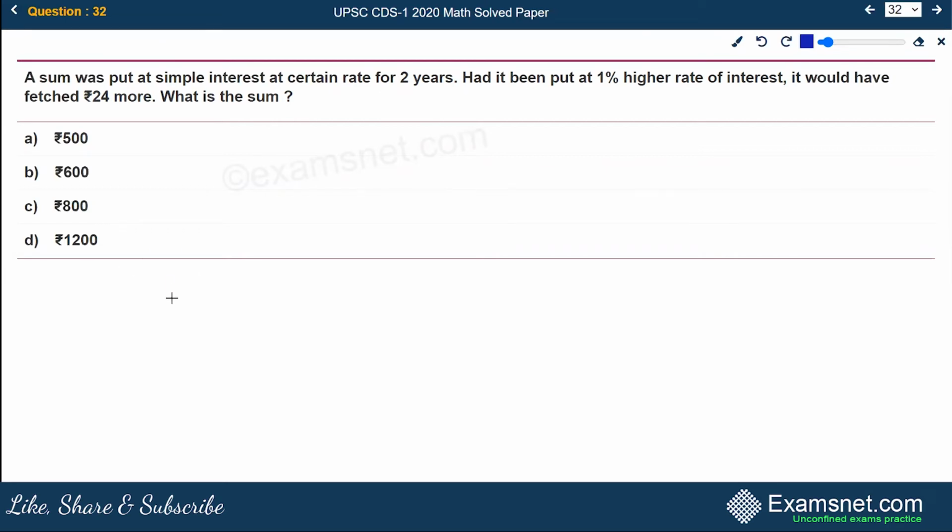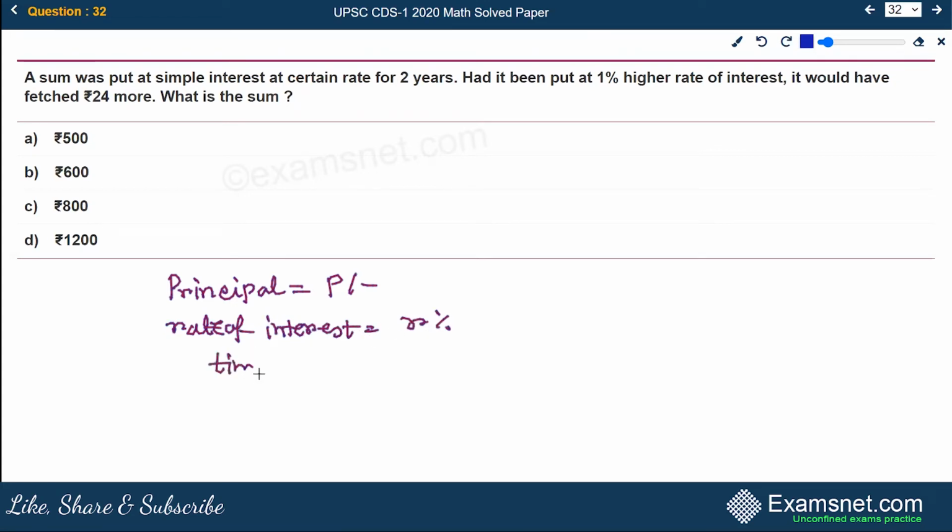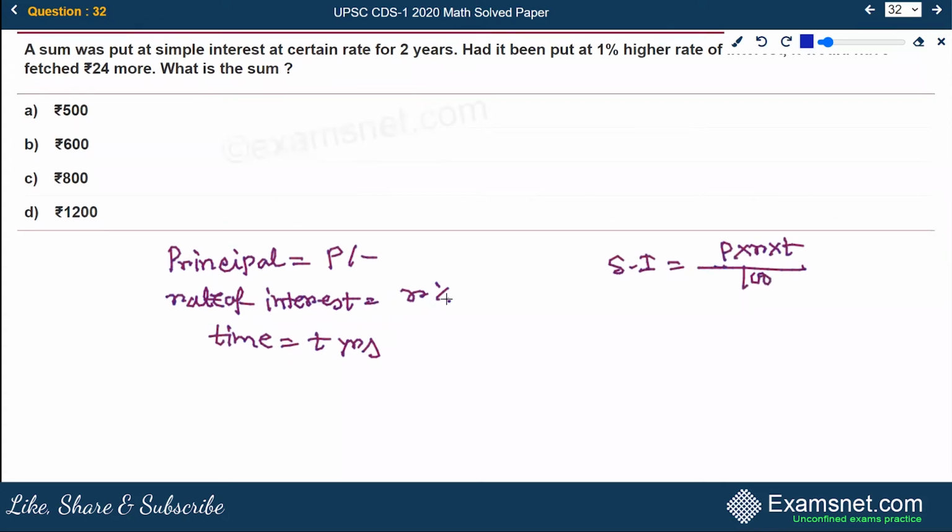Let the principal or the sum be rupees P, the rate of interest R%, and time T years. The simple interest can be expressed as PRT by 100. Here T is 2 years.